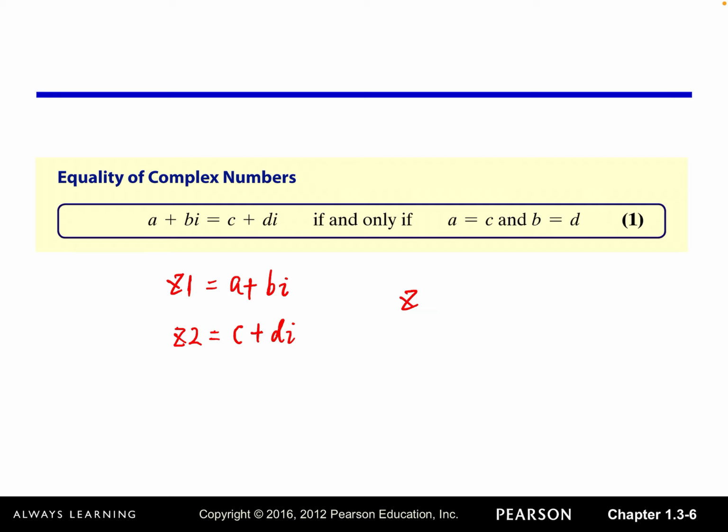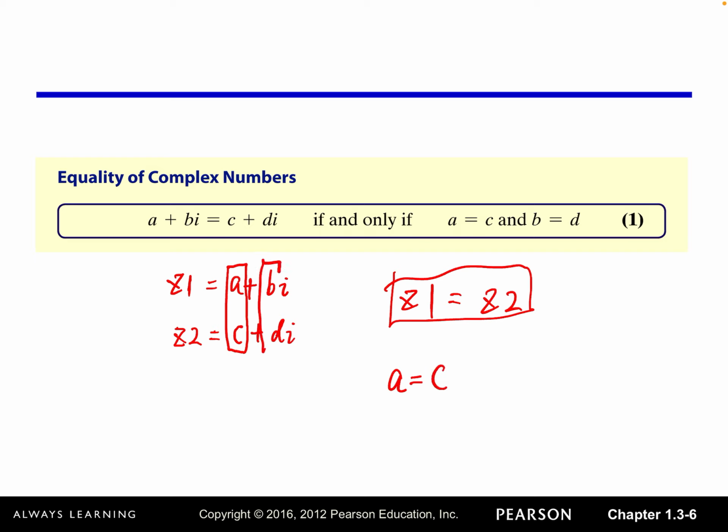So if we say z1 equals z2, how do we define that? Two complex numbers are equal if and only if their real parts are equal, so a must equal c, and at the same time the imaginary parts are equal, so b must equal d. Only when both the real part and the imaginary part are equal can we say the two complex numbers are equal.